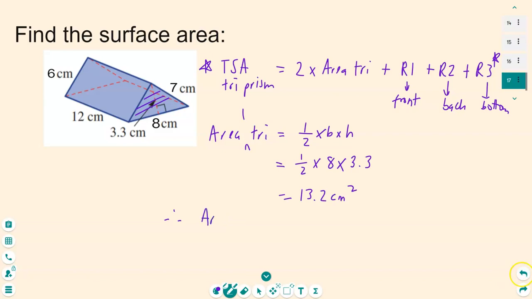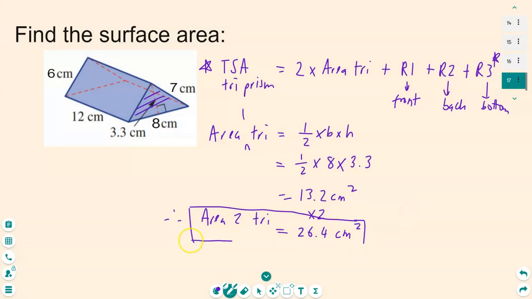Therefore, area of two triangles, times it by 2. 13.2 times 2, 26.4. Put a box around it. And we can plug that straight in soon, so tick that off.